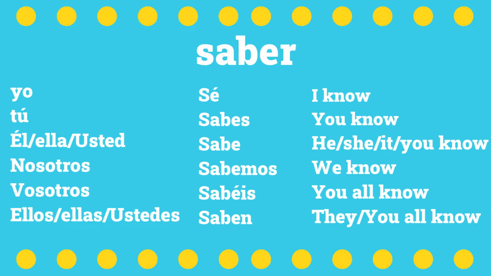We use it as well sometimes by saying ya sé. Yeah, I already know. Don't tell me something that I already know, ya sé. So the first one is yo sé. Tú sabes. Él, ella or usted sabe. Nosotros sabemos. Vosotros sabéis. And ellos, ellas, ustedes saben.